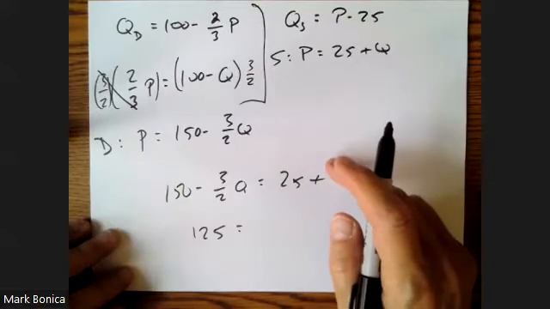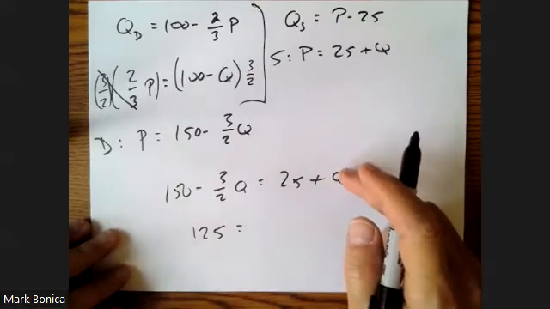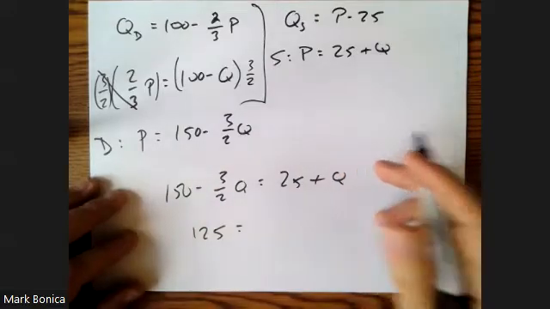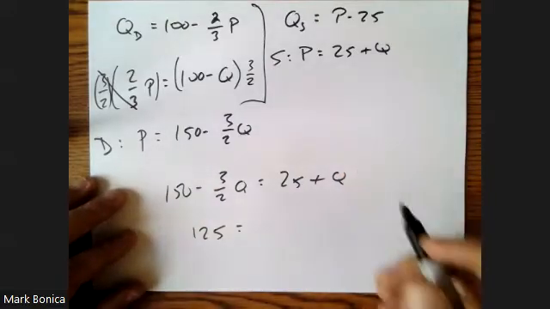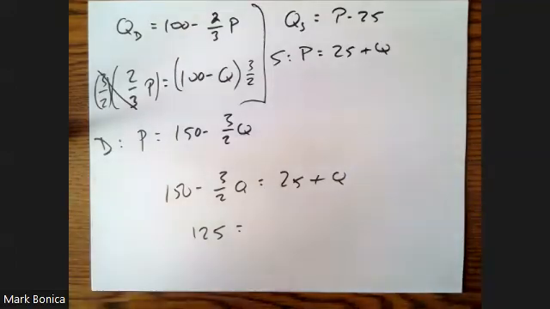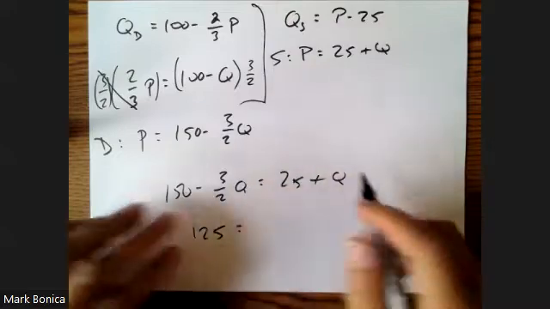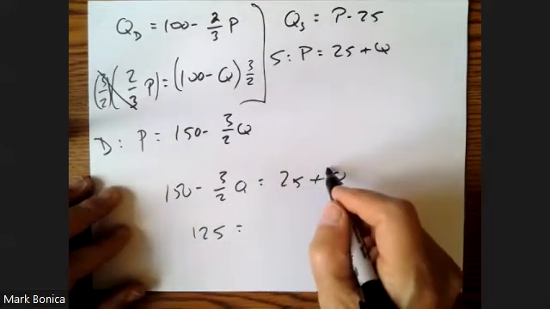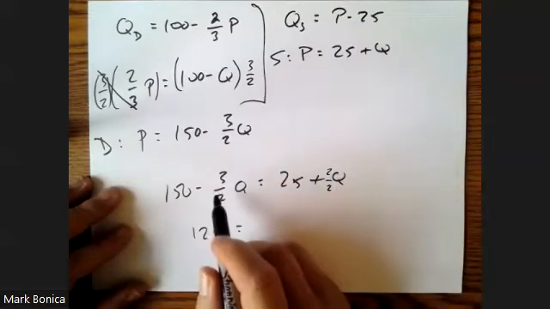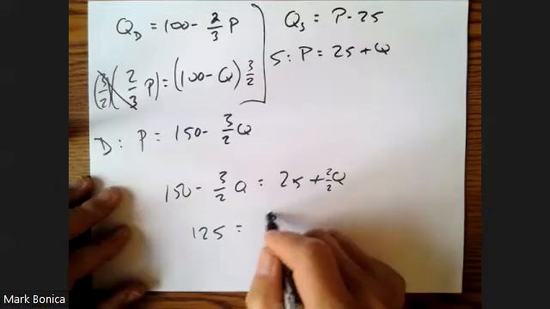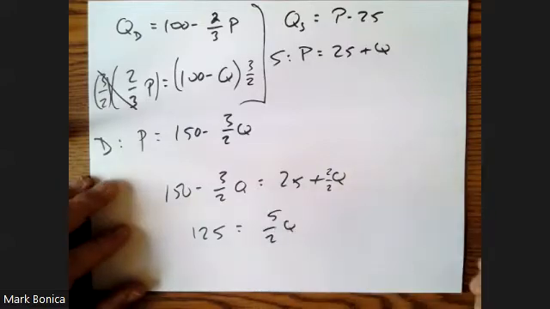Excuse me, I'm sorry, it's 2/2 Q, not 3/3 Q. This is effectively 2/2 Q. So 3/2 plus 2/2 is 5/2 Q, right?